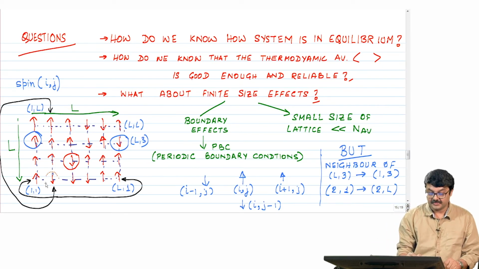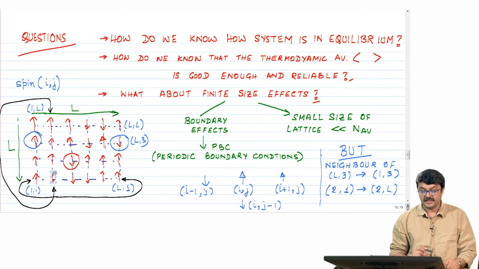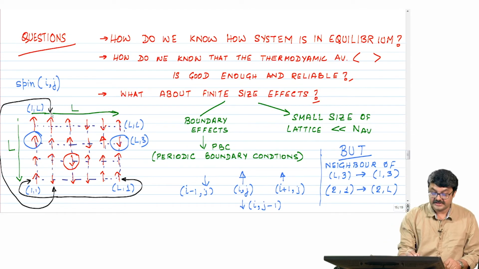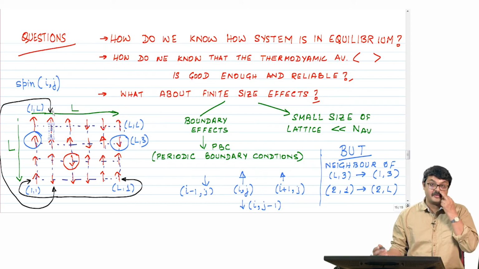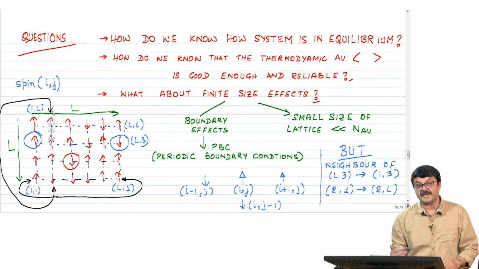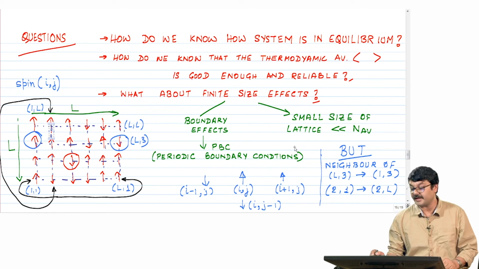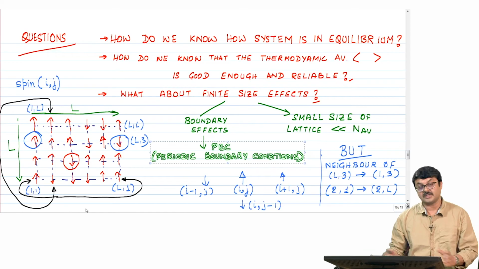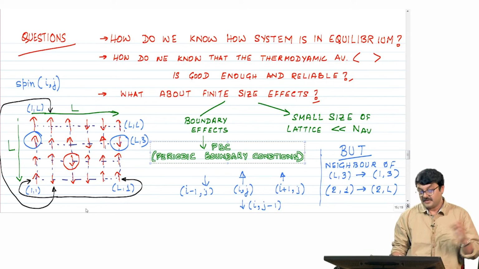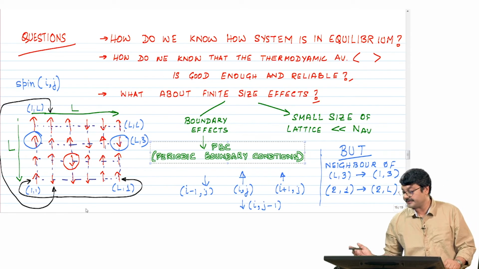So, what is 2 1? It is basically this one, right, will be 2 L, which is this one, right. So, when we calculate the neighbors and identify the neighbors, we have to be aware and be careful about periodic boundary conditions, and this is how you identify neighbors. We shall see that in the code also later.